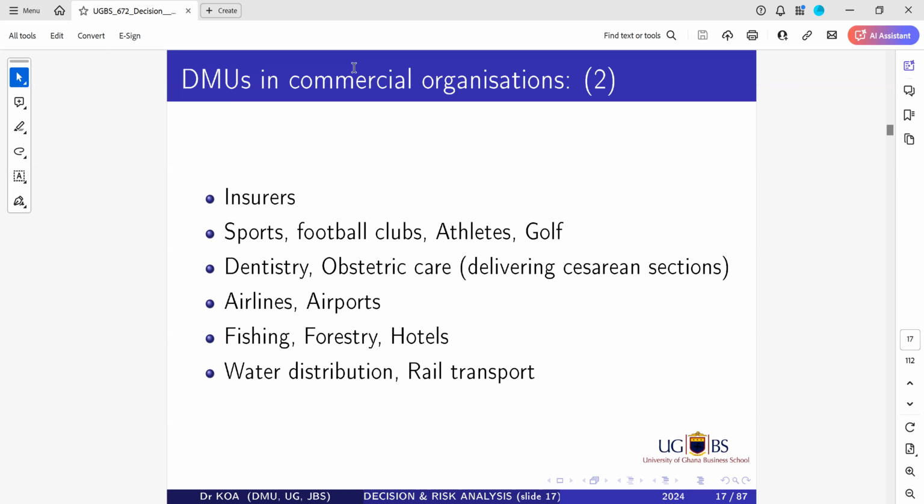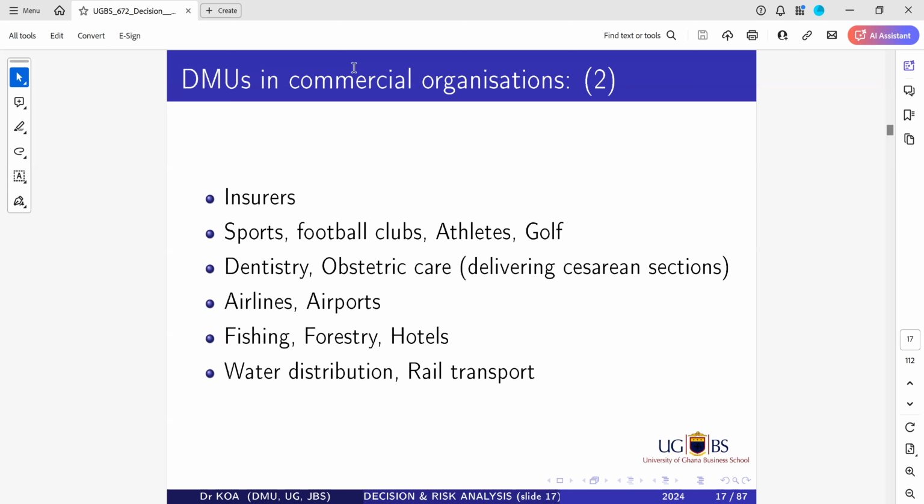Doc, you need some information about the DMU. What information do you mean? You need to know something about them to be able to analyze. You need data. That's the point.